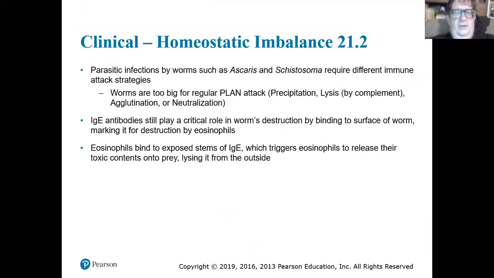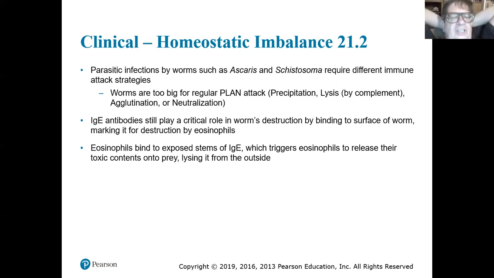So say you have a parasitic worm attack, Ascaris, that's a roundworm, something like a pig whipworm. They have different strategies. Worms that are too big for precipitation, lysis, or agglutination, you still got to stop them.